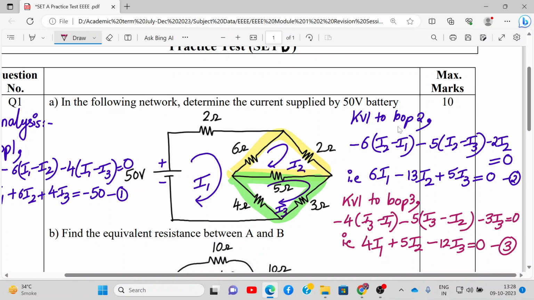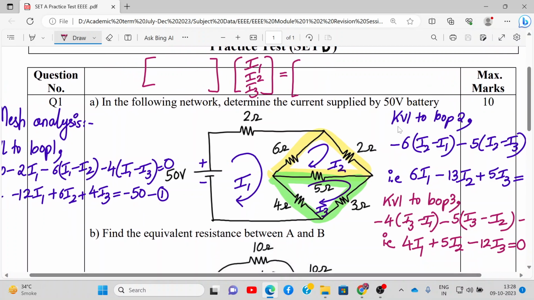So from 1, 2 and 3 we can put it in matrix form. Let me write it over here. So this is I1, I2, I3. There are three coefficients, I1, I2 and I3 terms. The coefficients in equation number 1 are minus 12, 6, 4, and here it will be minus 50.